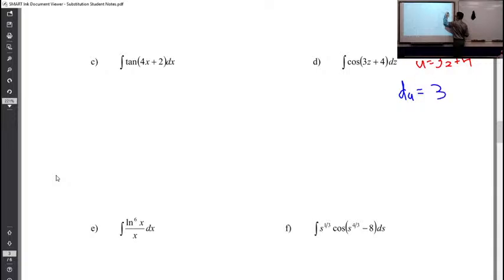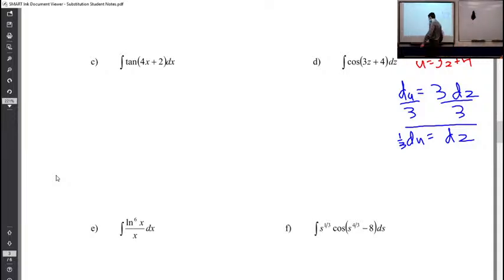So 3 dz. But I don't want to substitute for 3 dz, I just want to substitute for dz. So I'm just going to divide by 3 on both sides to make it match what's in the original problem. So 1/3 du equals dz.